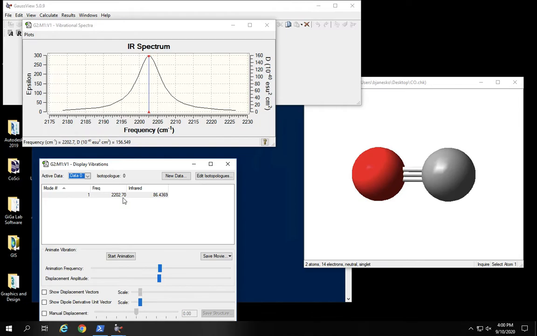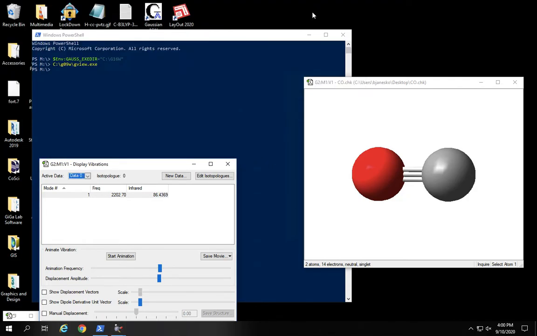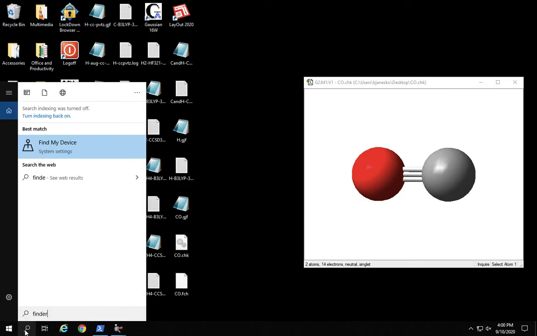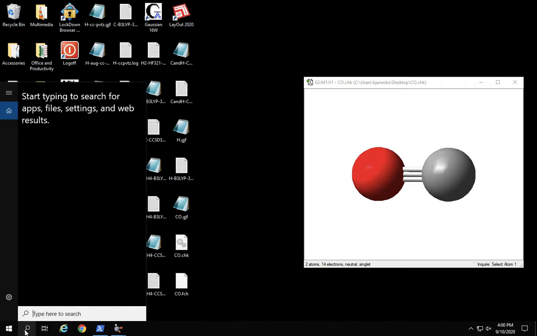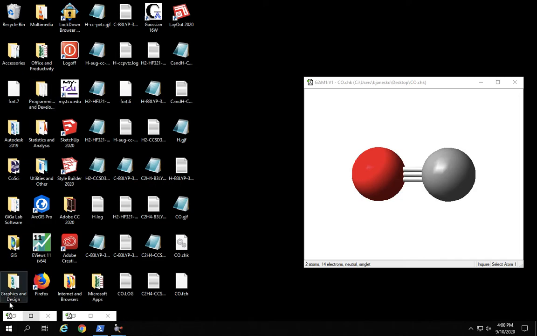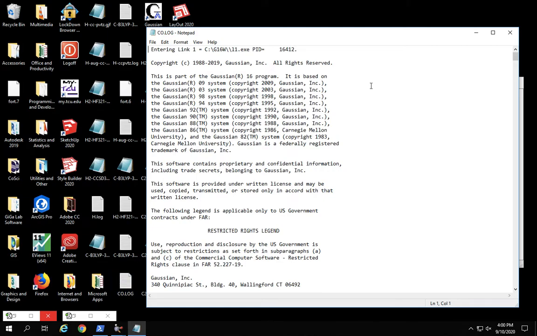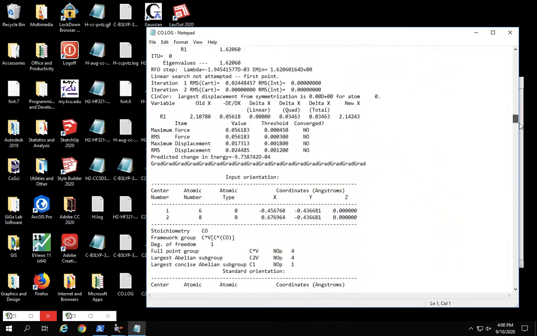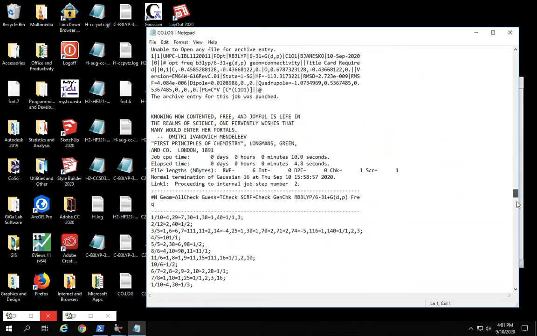I can find other information if I look at the log file. So if I just go and examine co.log, open it in Notepad, and start scrolling down, I have a bunch of stuff about basis set, geometry guess, and geometry optimization.